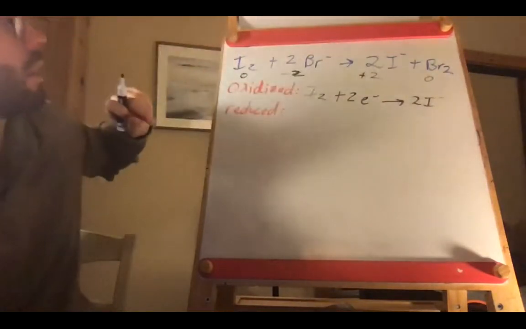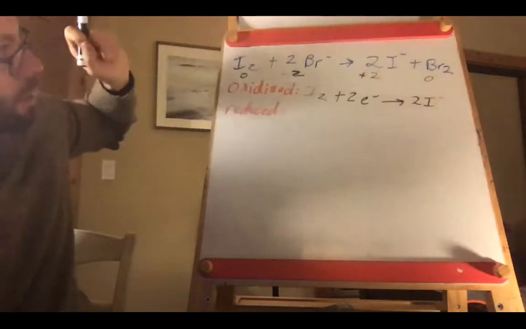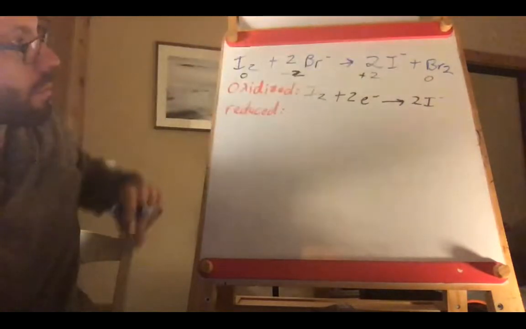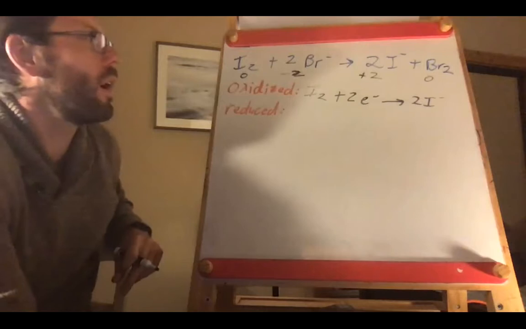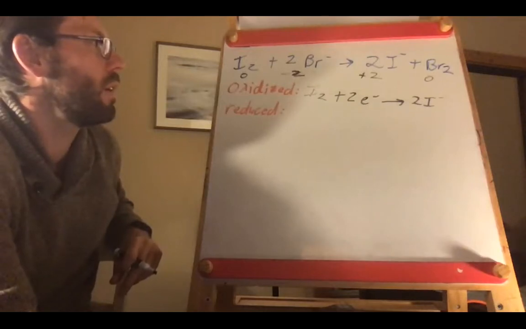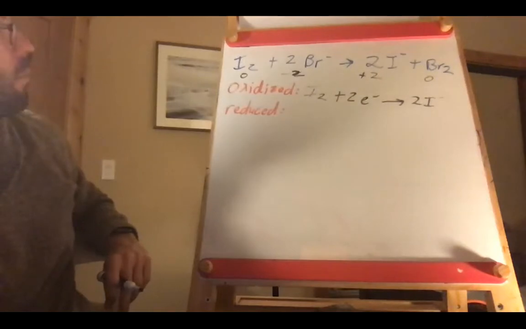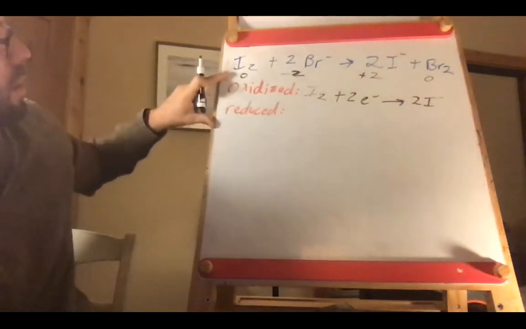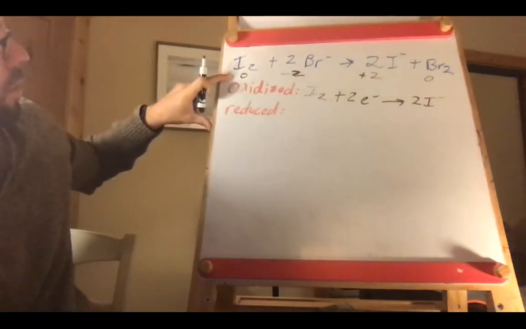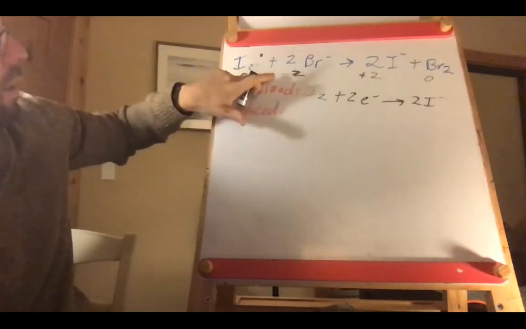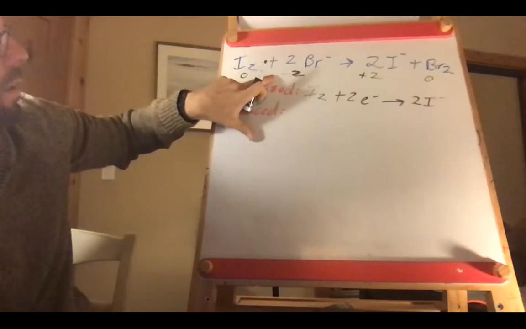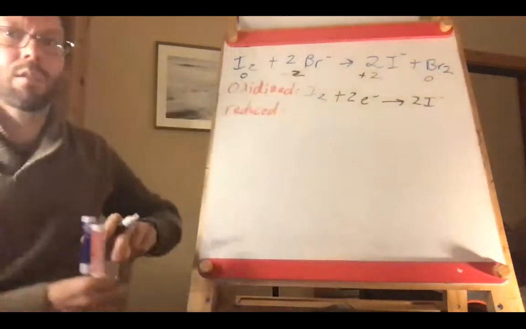Bromine is going from a -2 to a 0. So it must be, oh wait, I think I messed that up. Going to 0, it's losing electrons to get there. Here it's gaining electrons.